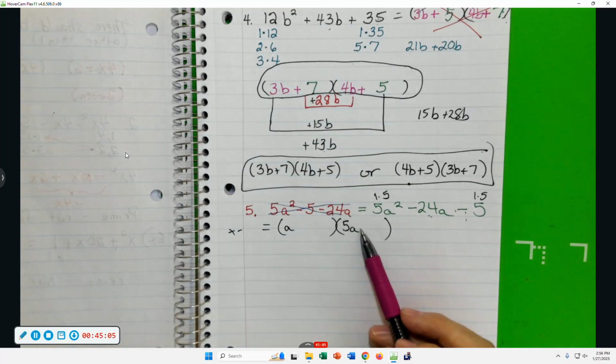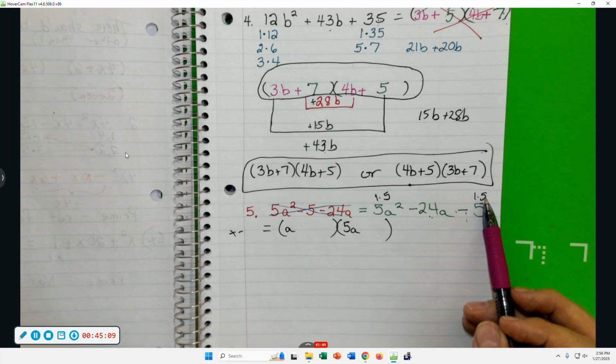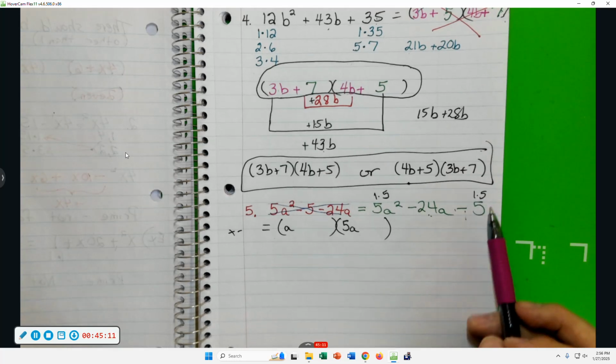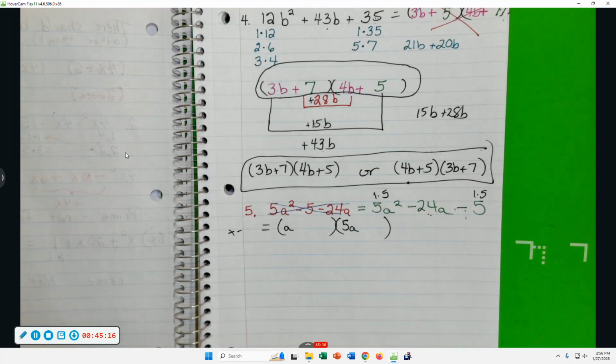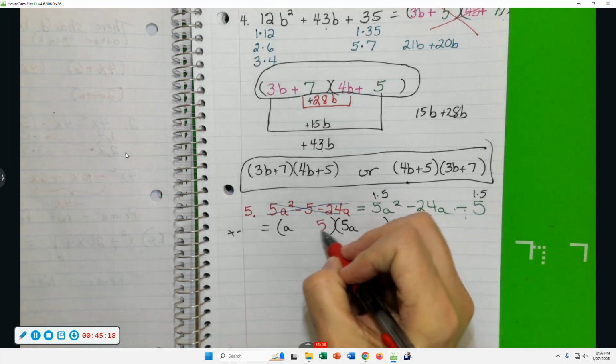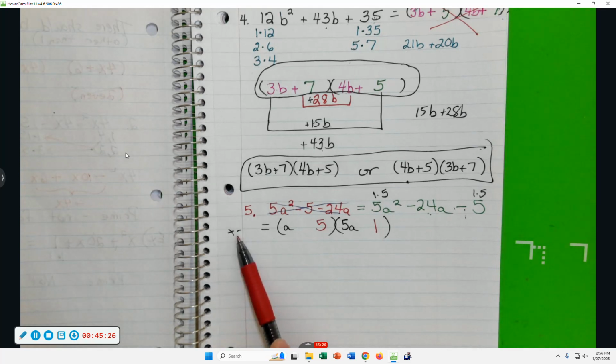Likewise, 5a minus 5, you cannot do that. So if we're using 1 and 5 for this second 5, you have to use the 1 and the 5 because that's all you have as a possibility. Put the 5 here and the 1 there. And we know we're going to need 1 plus and 1 minus.